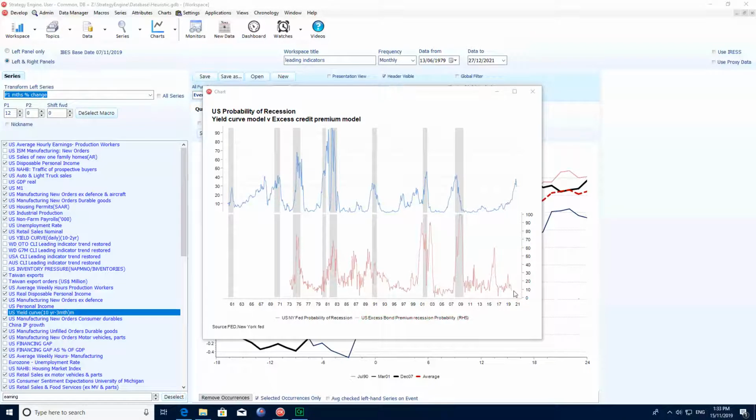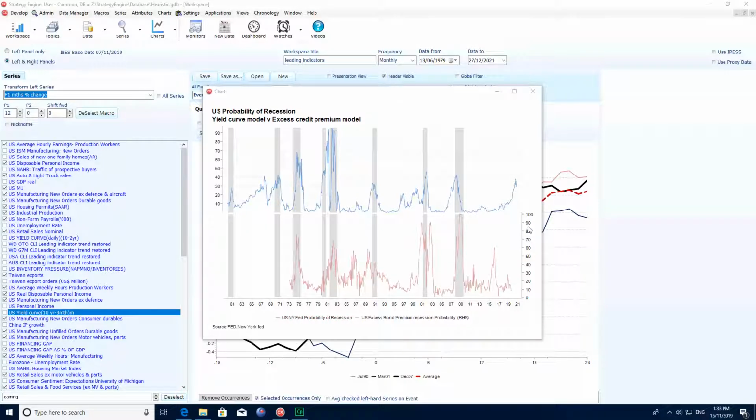And what we see there at the moment, the latest reading, I think it was for October, was sitting at about 9%. So really at the low end. It doesn't get much lower than that. So essentially the credit markets are implicitly saying that the probability of recession is very, very low. Default rate expectations are very low, quite in contrast to the yield curve model.